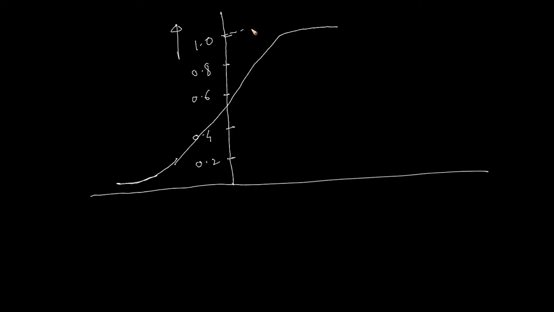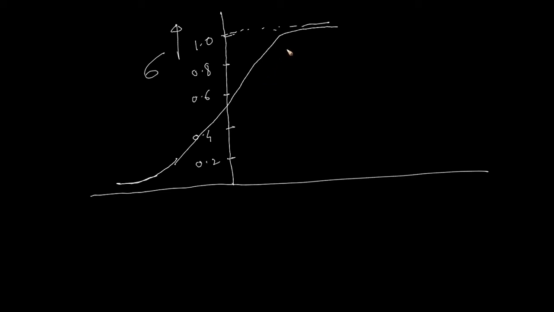The maximum value of sigma is 1, and it is an S-shaped curve. This is sigma. The minimum value is 0 and the maximum value is 1, right?